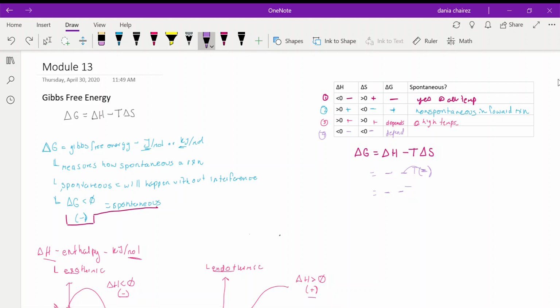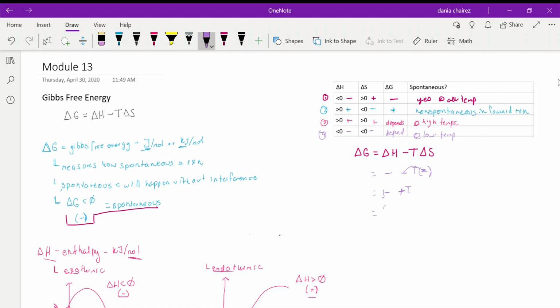So whatever number this is plus T, this one will be spontaneous at low temperatures. You want this number to be small enough so that it doesn't overcome your negative enthalpy.